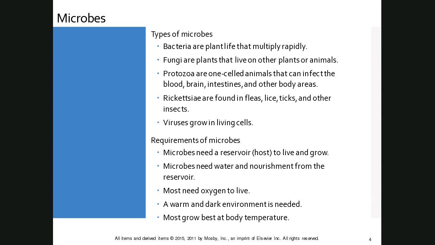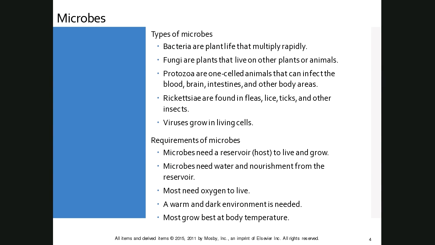So microbes have to have a reservoir, which is the host. This is where they live and grow. Okay. They also have to have water and nourishment from the reservoir, and most need oxygen to live. A warm, dark environment is needed, so that's why your surgeries are cool and very light, and most microbes grow best at body temperature.